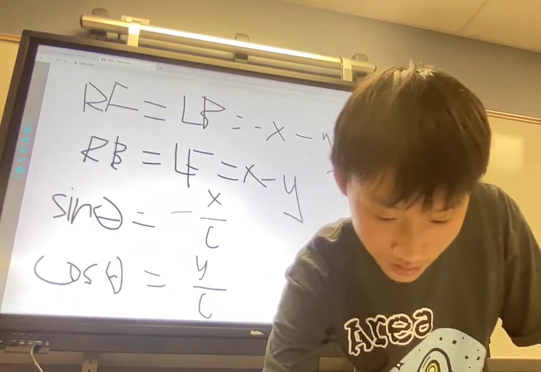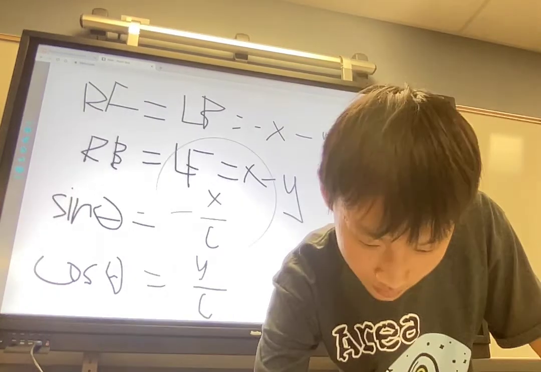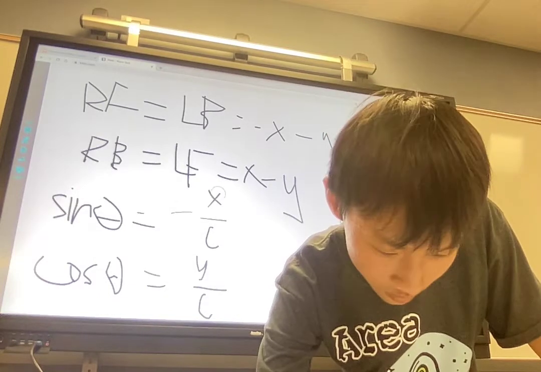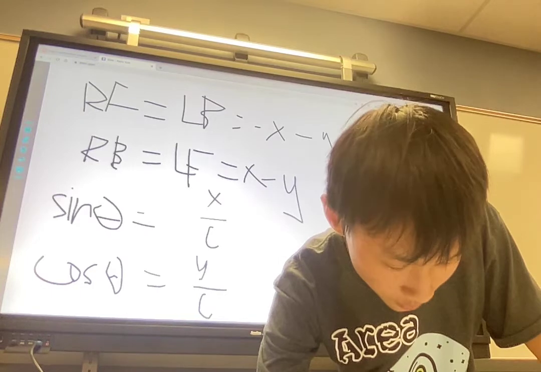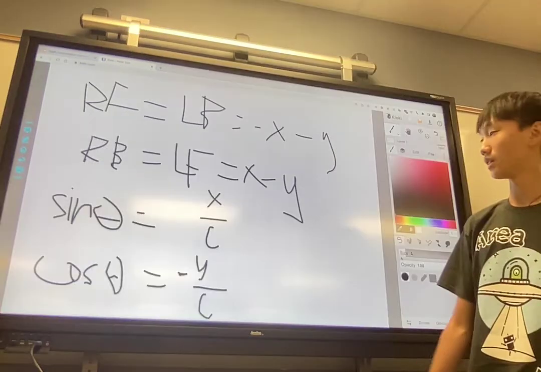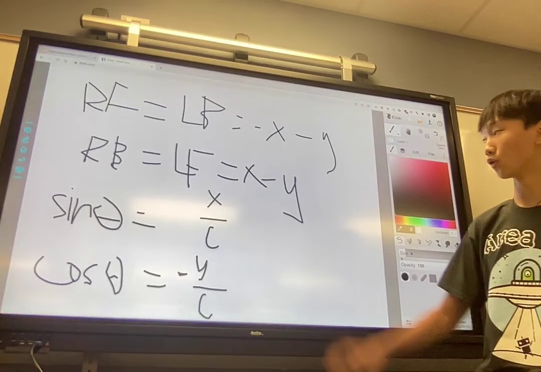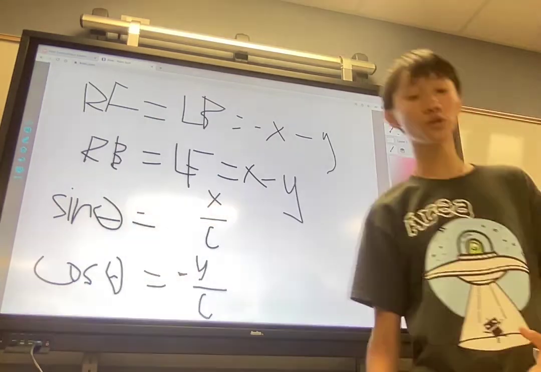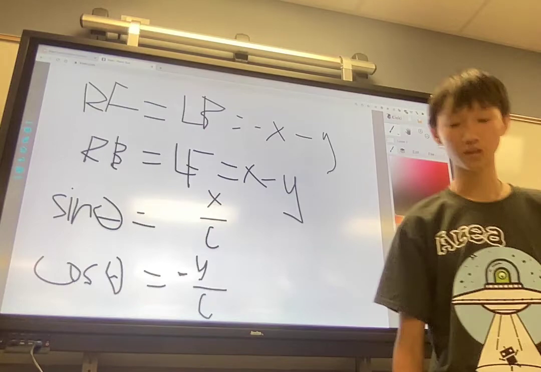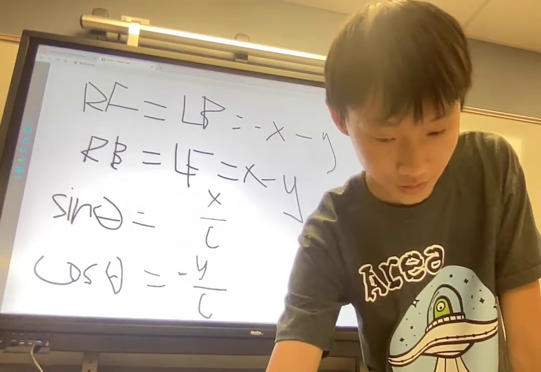Oh wait, sorry, this is not negative. This one's negative, because y is the one that's flipped. And then normally this would be y over c, this would be x over c, but as I said earlier, 0 degrees is in the up direction and not the right direction, so it's going to be the other way around.